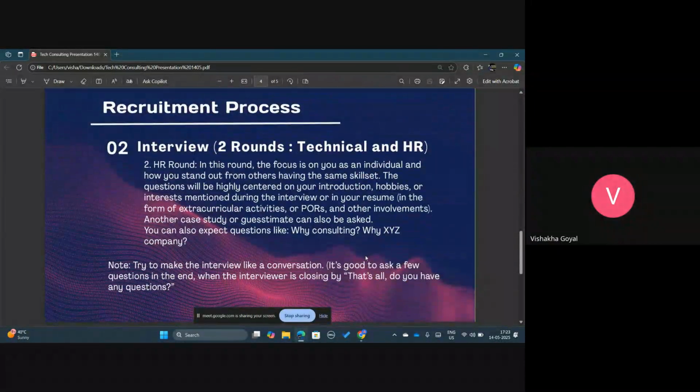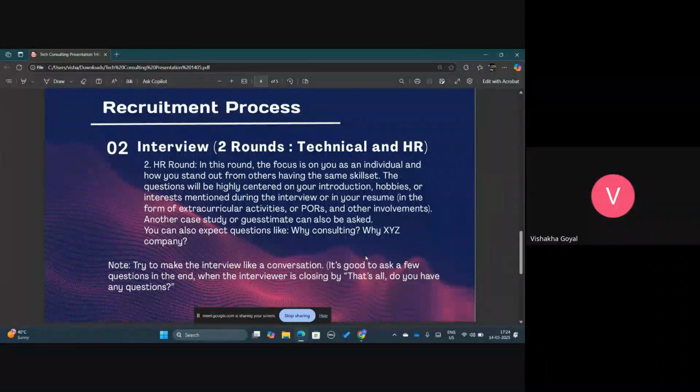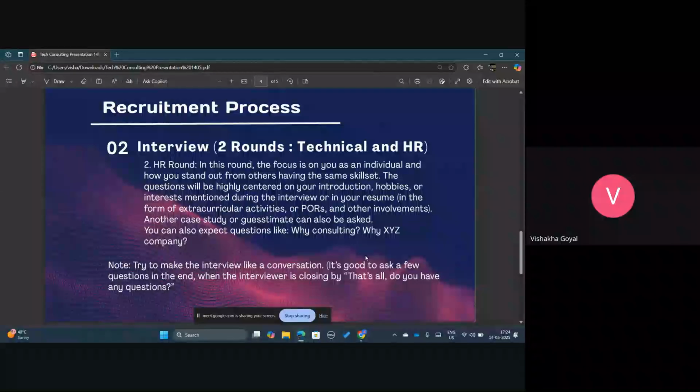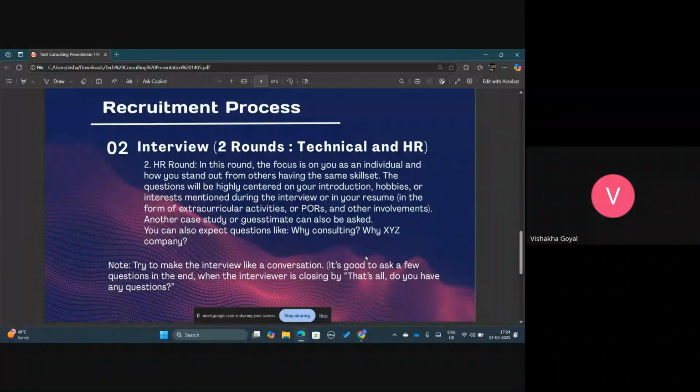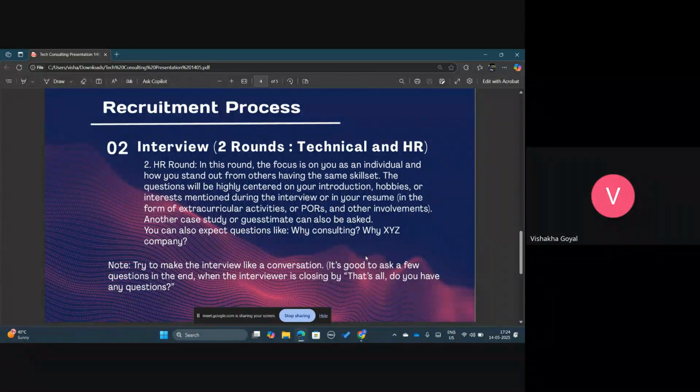Then the HR round. The HR round will focus on you, like how you stand out from others having the same skill set. The HR round also plays an important role, because it talks about other parts of your resume apart from the technical things that they discussed previously. They will be highly focusing on judging you, not only what you have written on your resume, but what you are saying in front of them at that moment.